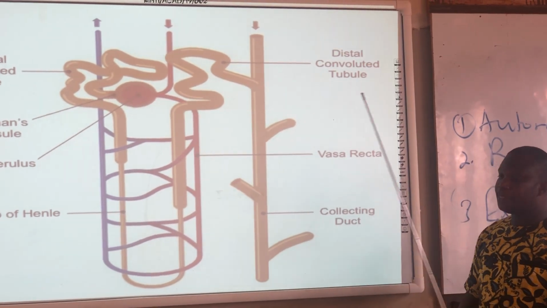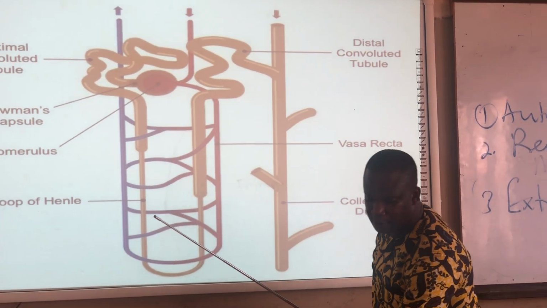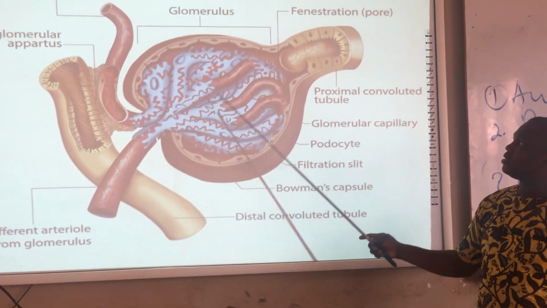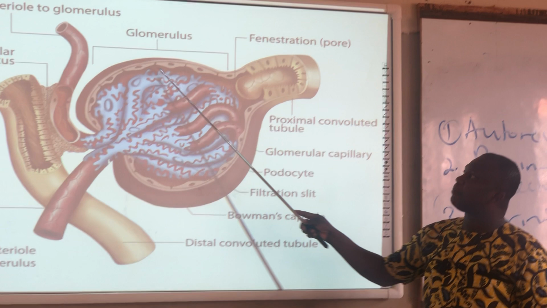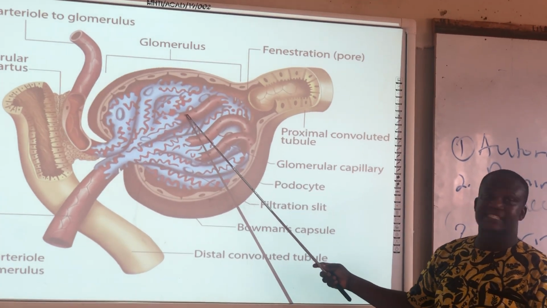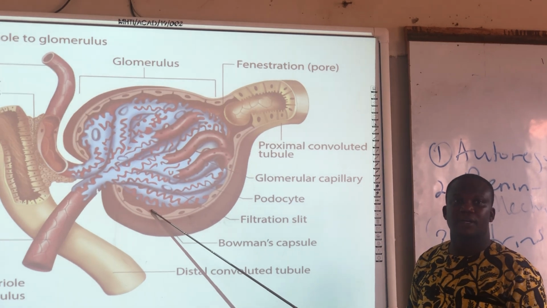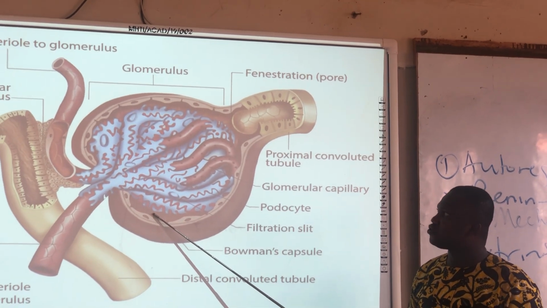Now, we all know that during urine formation we started with filtration, and the blood that is able to be sieved into the Bowman capsule is called the glomerular filtrate.